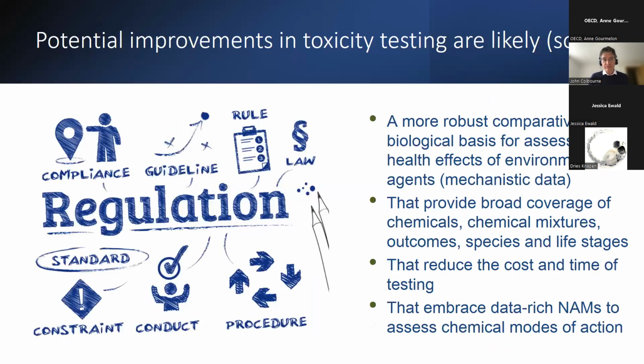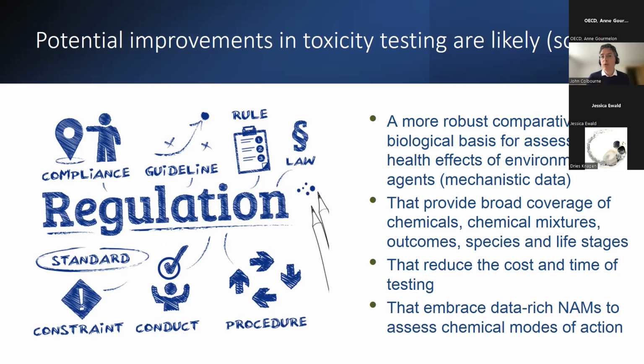Last slide, please. So there are potential improvements here in toxicity testing, and they're likely to be soon. The technology is mature. And so what we're looking to achieve here is some merging of the science with governance in order to provide adequate regulatory approaches to these problems.